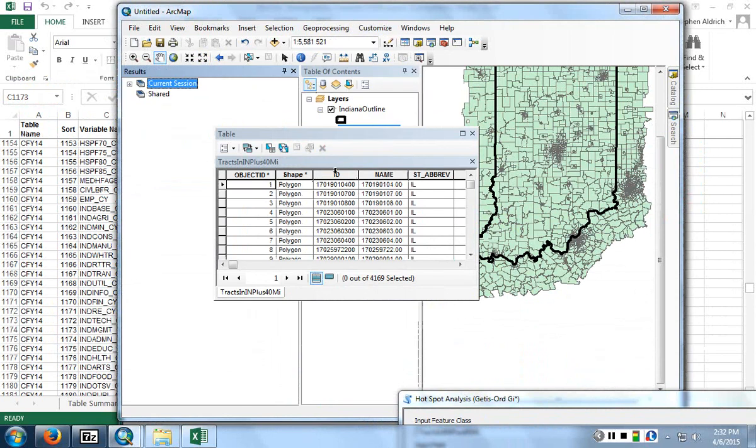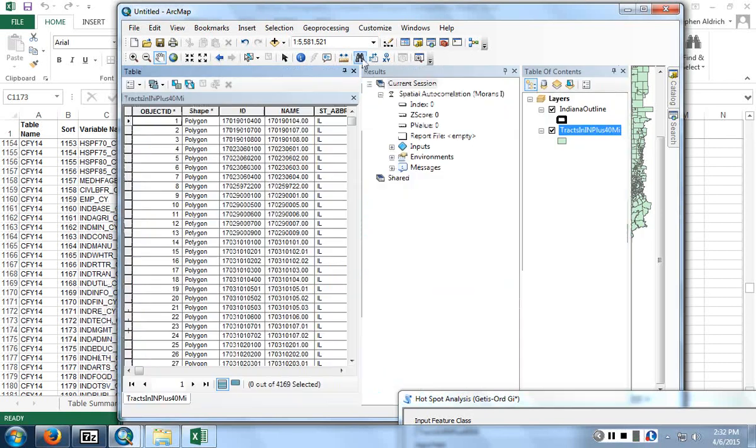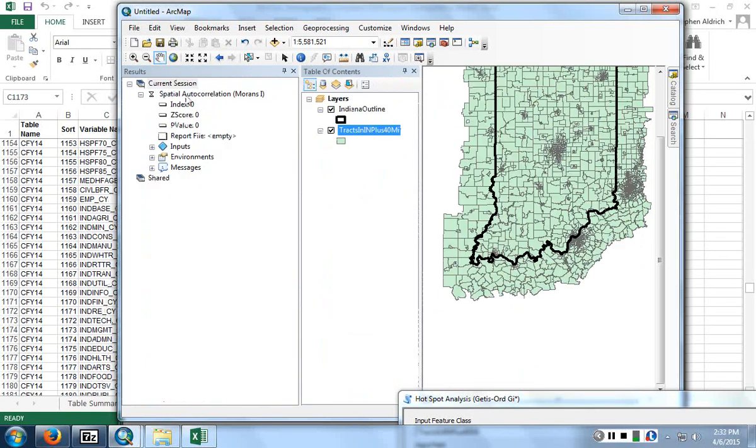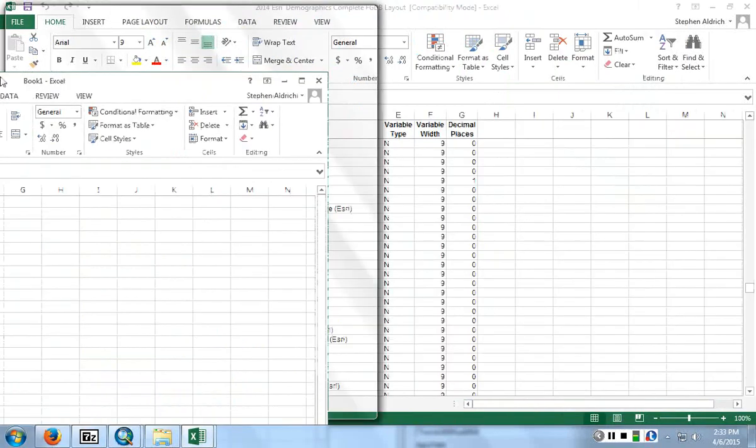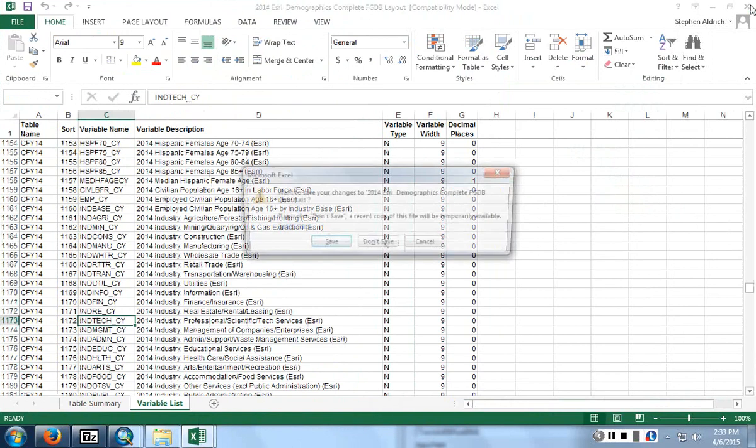And I want to look at the results of the Moran's I calculation in my results window. It's still running. And I might want to make a little table, so I'm going to have Excel open here in the background.